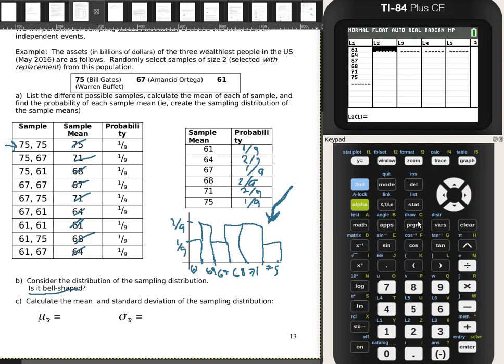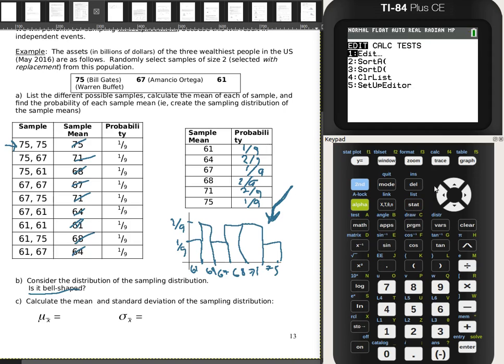Those are our 6 different means, and then we have 1 out of 9 for this one, 2 out of 9, 1 out of 9 again, and then 2 out of 9 twice. Now that we have our list made, we go into stat, calc. Really, we're doing one of our stats, because we have a frequency list this time, and the frequency list is list 2.